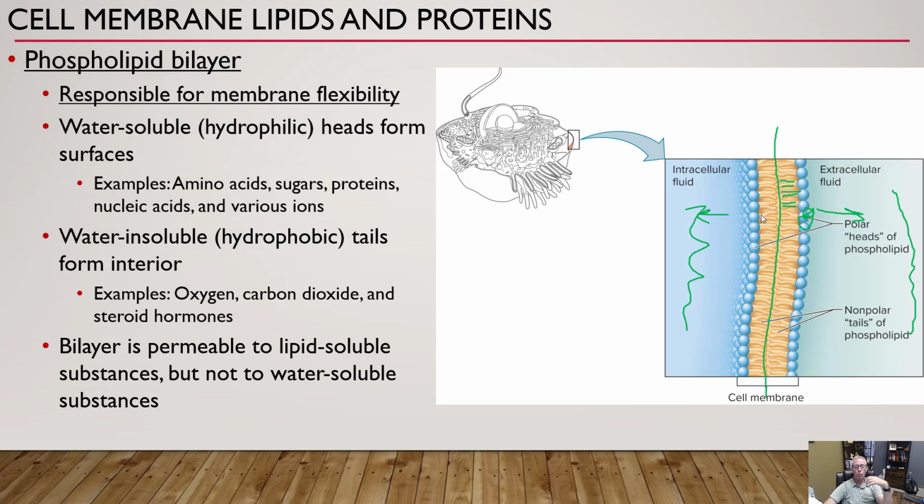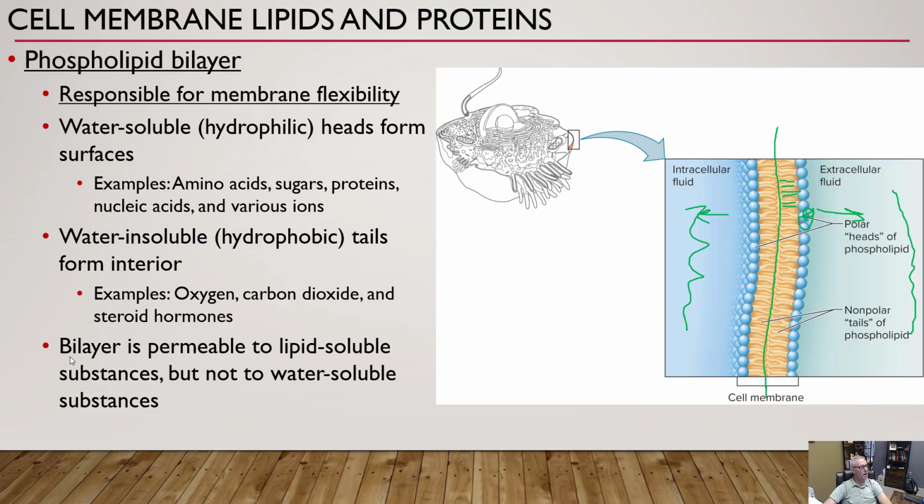Some things that are water insoluble or hydrophobic: oxygen, carbon dioxide, steroid hormones. Remember, cholesterol is a lipid, so anything that is a lipid is not going to be soluble in water.